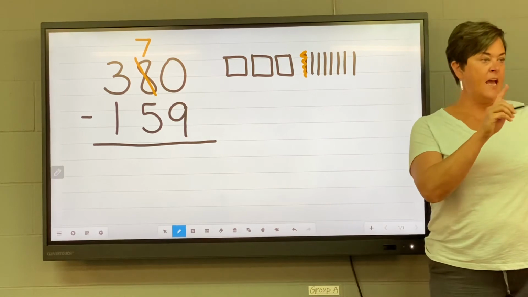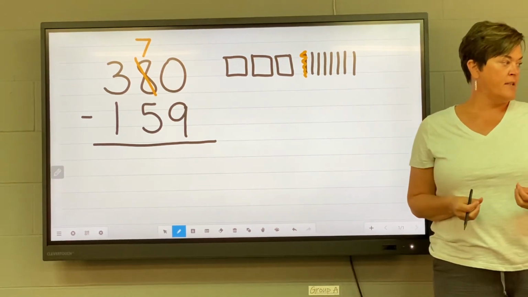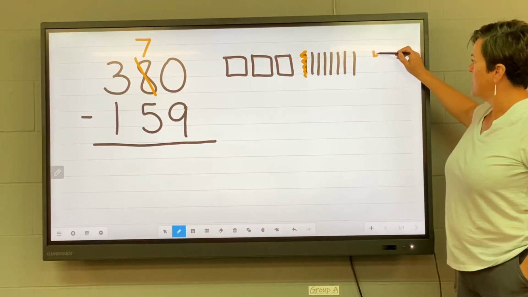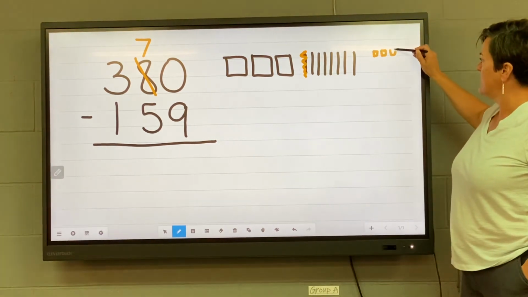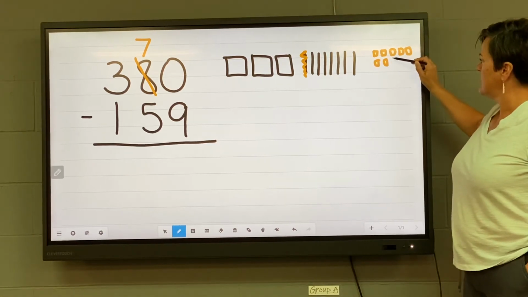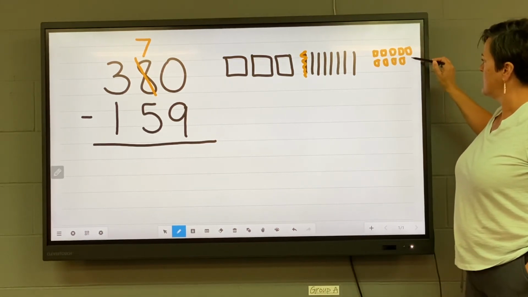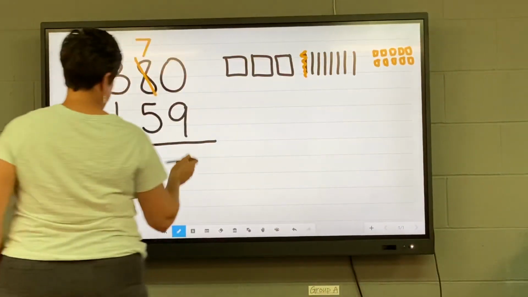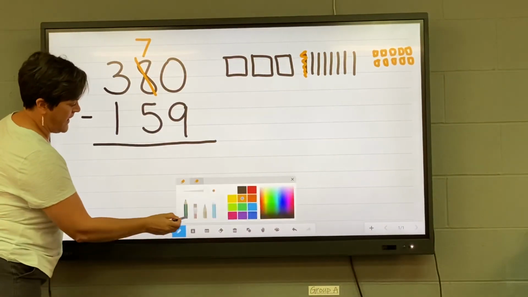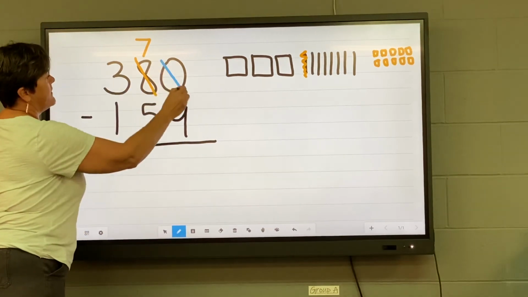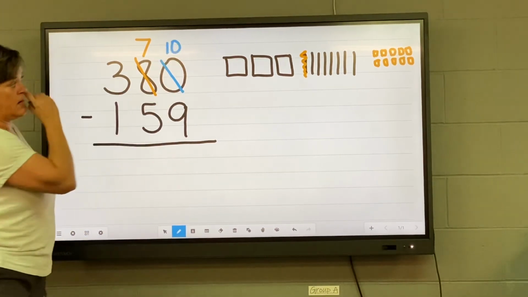If I have 1 ten and I break it into ones, how many ones will I have now? I will have 10. Okay, so instead of having 0 ones, now I have how many? 10. Now I have 10 ones.